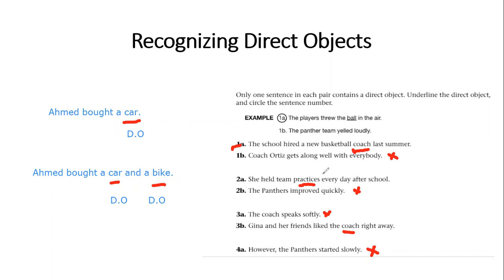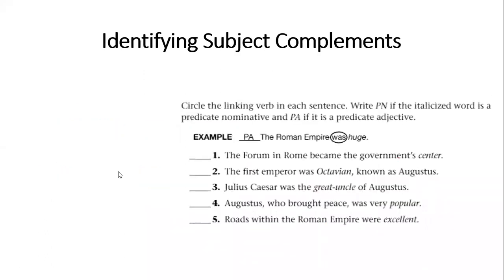Let me take you now to the last part that we are having today, which is identifying subject complement. When we talk about subject complement, we have two things to focus on. Of course, a subject complement is a word or group of words that follows the linking verb and tells you more about the subject of the sentence.